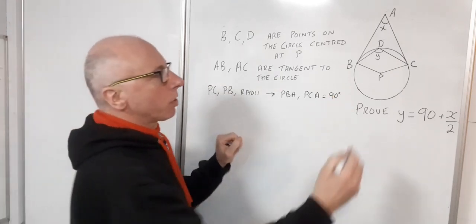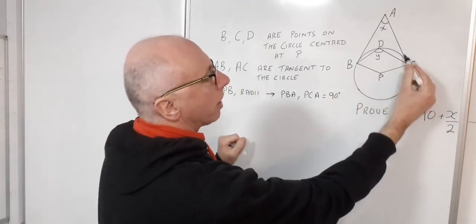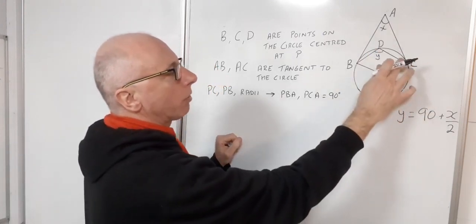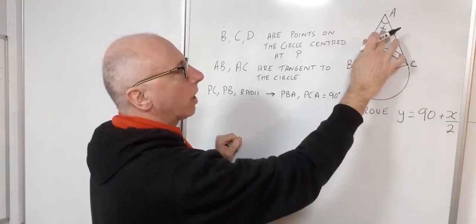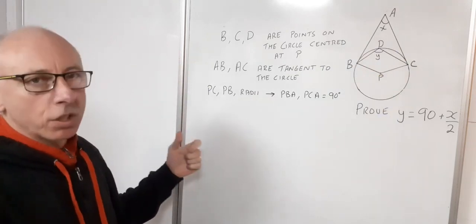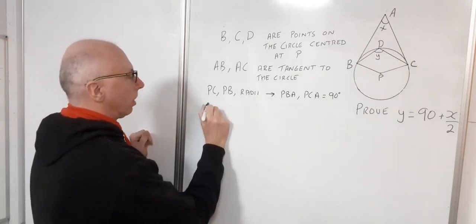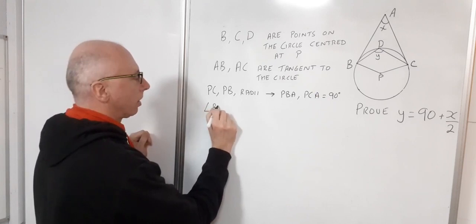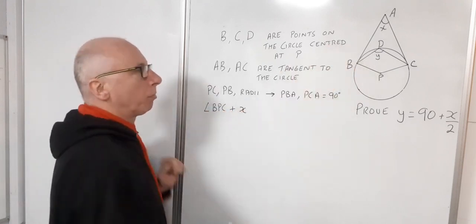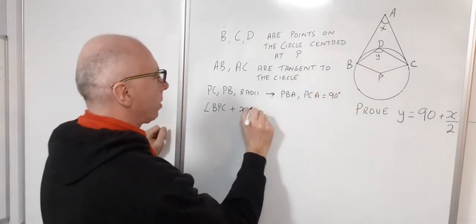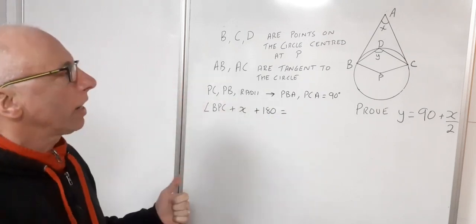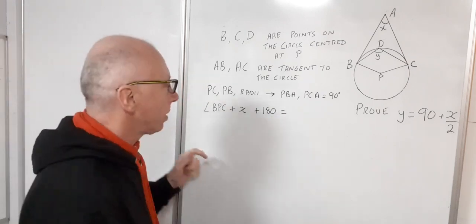So now we can get some sort of a quadrilateral. So PCAB and back to P, that will make a quadrilateral. And we've got right angle, angle X, and this angle here missing. So from that information, I can deduce that my angle BPC plus my angle X plus my two right angles, so plus 180 degrees, that will be the sum of the angles in a quadrilateral, which is 360.